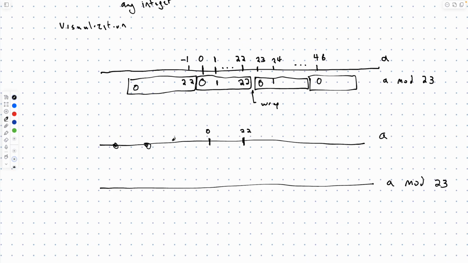And so we have a bunch of numbers on this line. Any numbers that are inside this interval will map to the same number inside the interval. And numbers that are outside, they're going to map into the interval somewhere. I'm not keeping track of exactly where, but they're all basically going to map inside here.